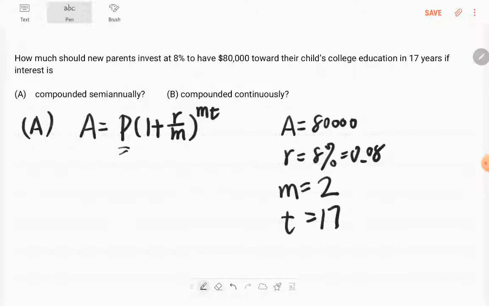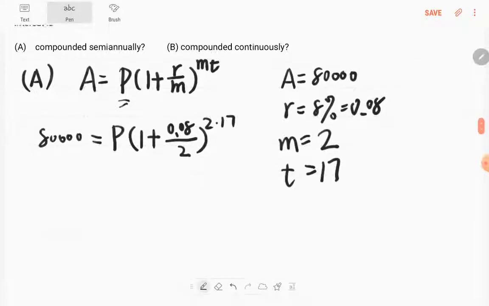So let's plug in everything. 80,000 equals P, which we don't know, times (1 plus 0.08 divided by 2) to the 2 times 17.